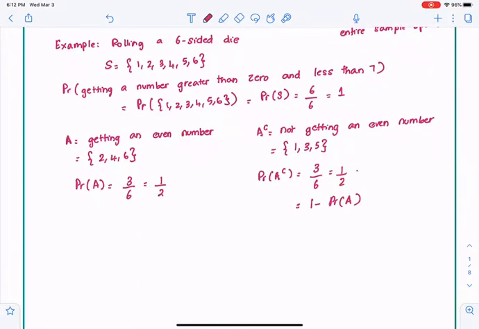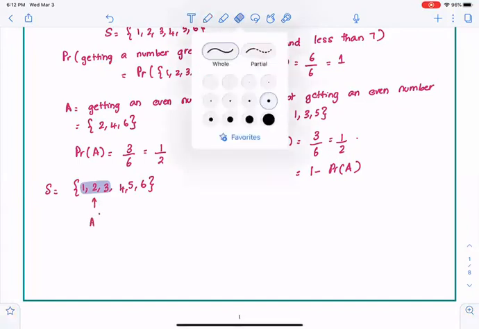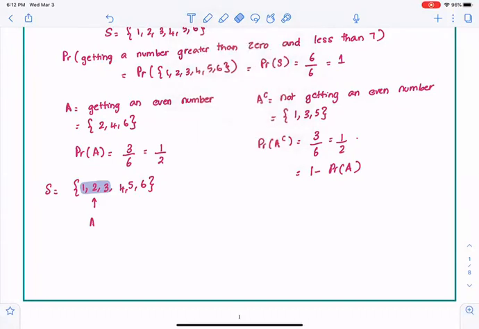The reason for that is, if we have the sample space, 2, 4, and 6 would correspond to A. Or did I define it as A?